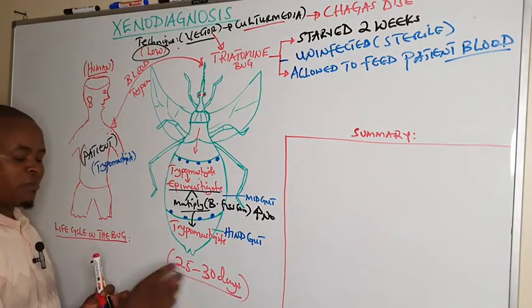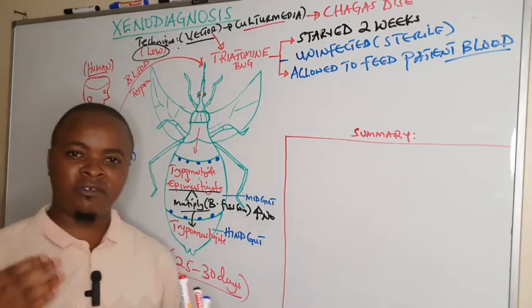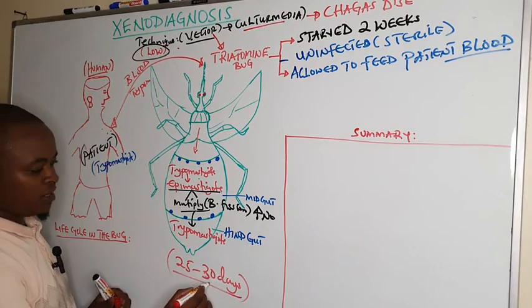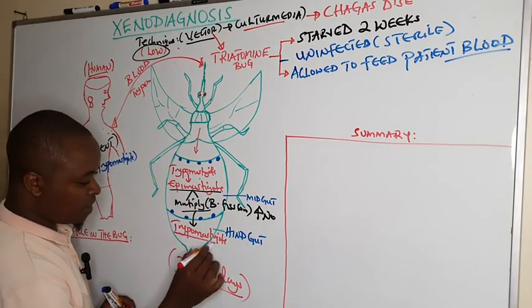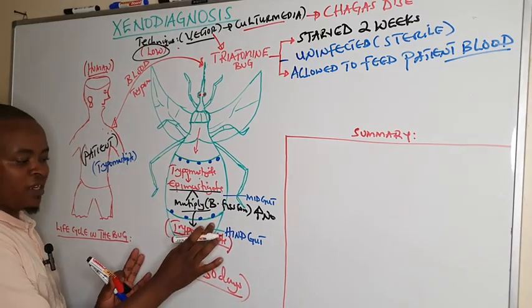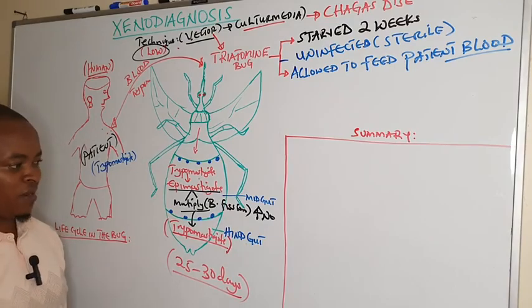Even when we examine after 30 days, we can still leave it for another 30 days, every time examining for the presence of trypomastigotes. By the time these trypomastigotes reach the hindgut, they have increased in number.